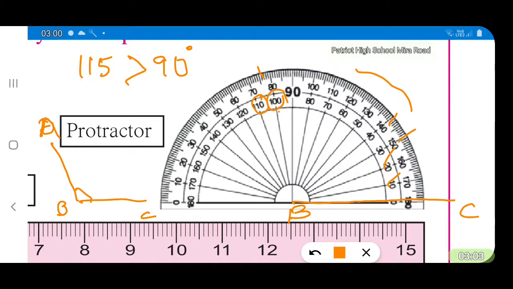You want it to be 115. So your 115 will lie here. You mark point A there. Remove the protractor and join A with B. So joining A with B will give you an angle of 115 degrees.